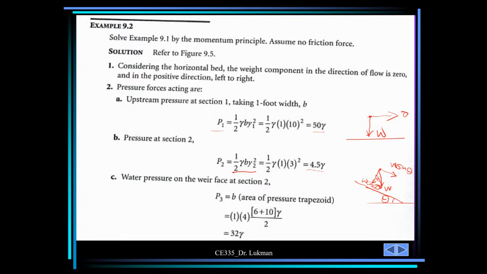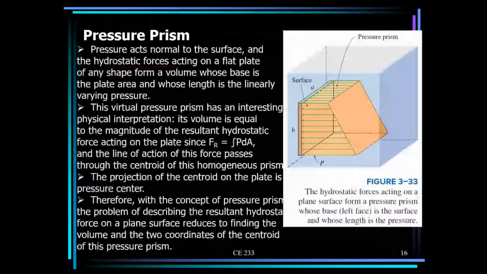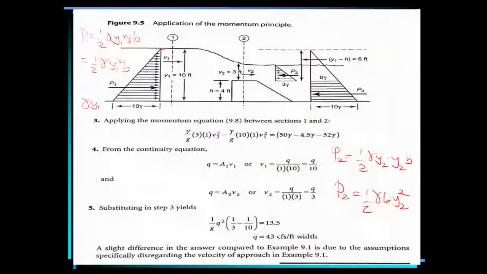And for the water pressure on the weir face at section 2, which we call P3, let's go so that you see it clearly. The water pressure on the face of the weir here, this is the face, is also hydrostatic and rises up to the height of the weir.